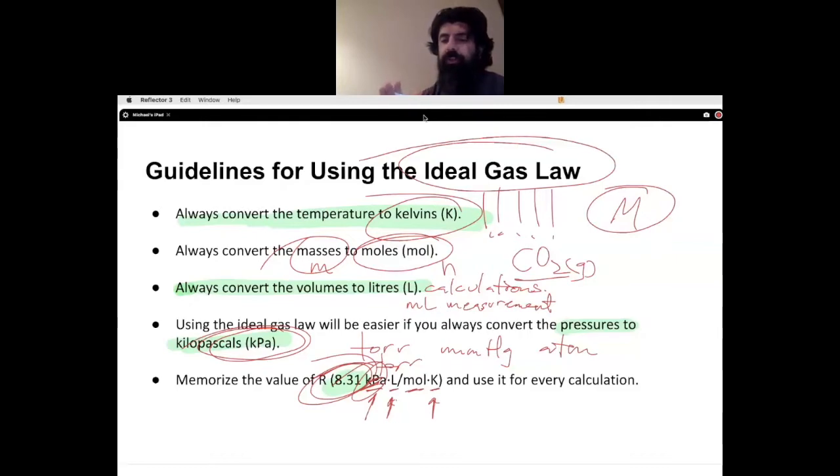With regards to this coming culminating, when you see a gas question where you're going to use the ideal gas law, hint hint, the R value, you're going to be using as is. There's not going to be any conversions.